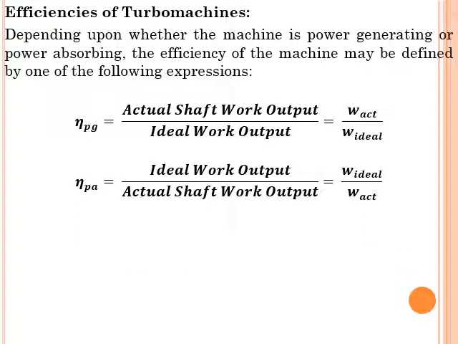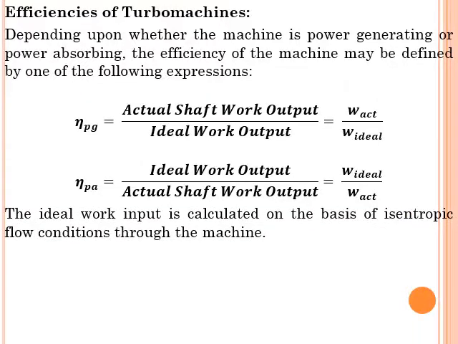For a power absorbing turbo machine, the efficiency is the ratio of ideal work to the actual shaft work input, that is, W ideal to W actual. The ideal work input is calculated on the basis of isentropic flow conditions through the machine.